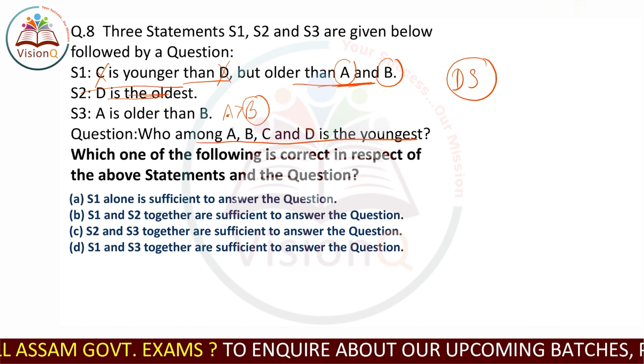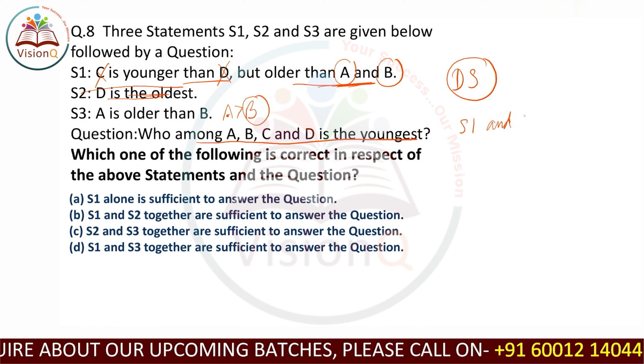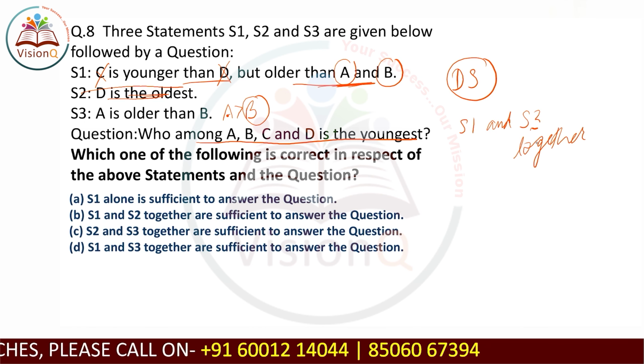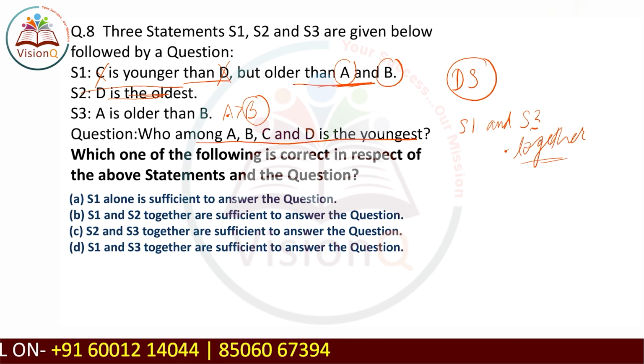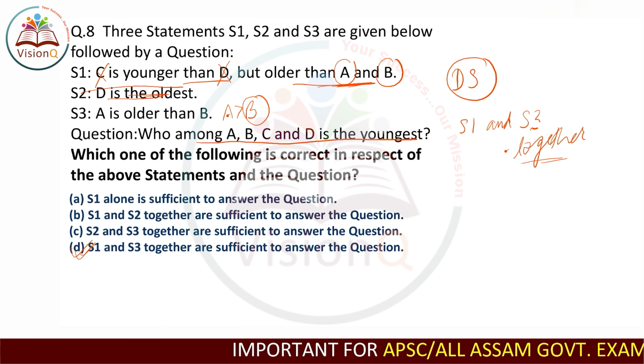So answer is possible to find out from statement 1 and statement 3 together. Second statement is not needed here because it is about the oldest, which is D, and we only want the youngest. So the right answer of this question is option number D. Statement 1 and statement 3 together is sufficient to find the answer of this question.